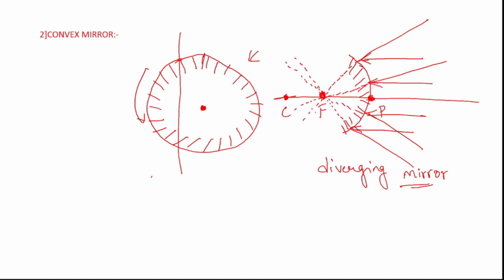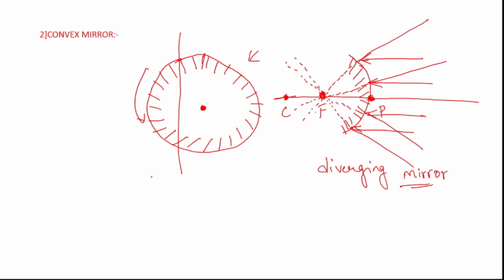The basic difference between concave and convex mirror in case of focus is, in concave mirror the reflected rays look like they are going inside the focus. They are focusing into the focus point. But in convex mirror case, the reflected rays look like they are coming out of this focus.